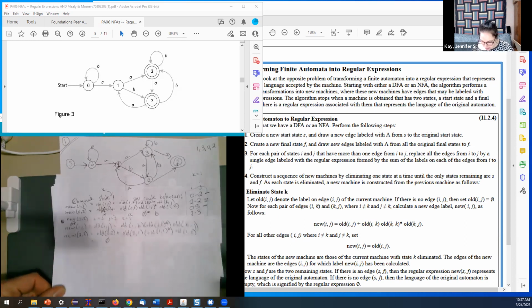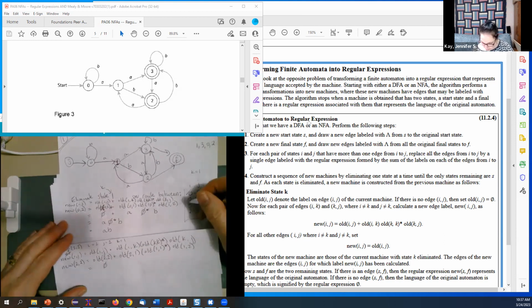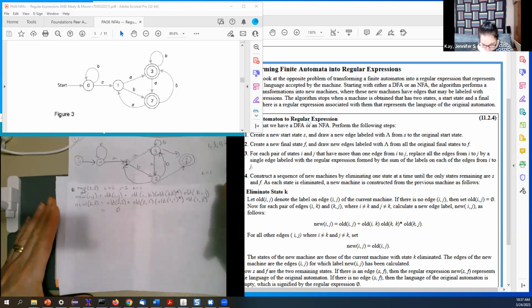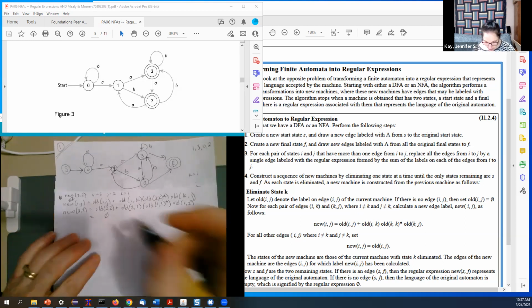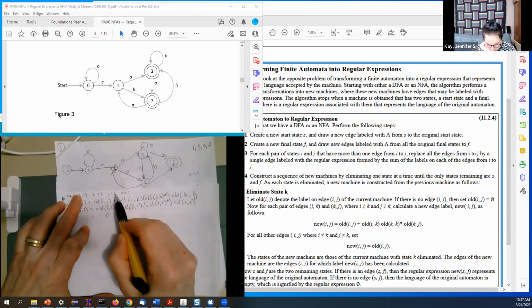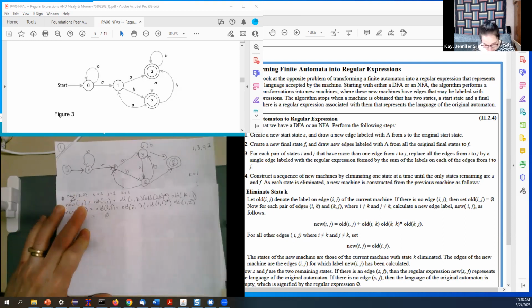And now I'm working on the new 2 to 2. We said it's helpful to write down your I, J, and K. So I is the first 2, J is the second 2, and K, remember, we're eliminating state K, we're eliminating state 1, so that's what's going on here.